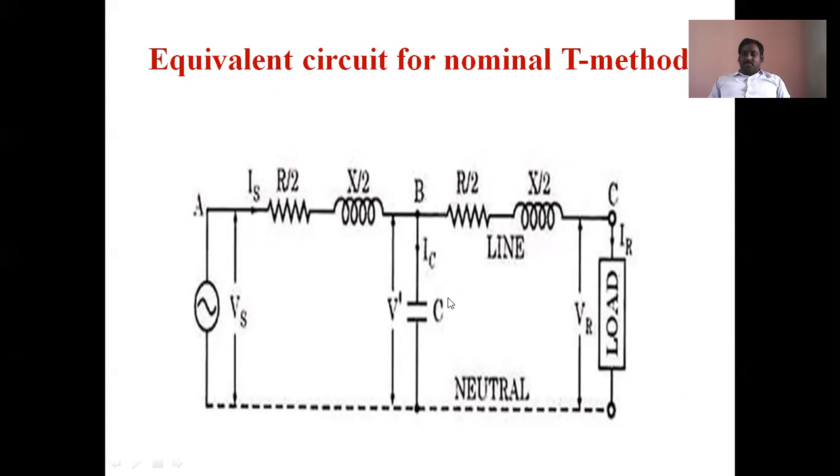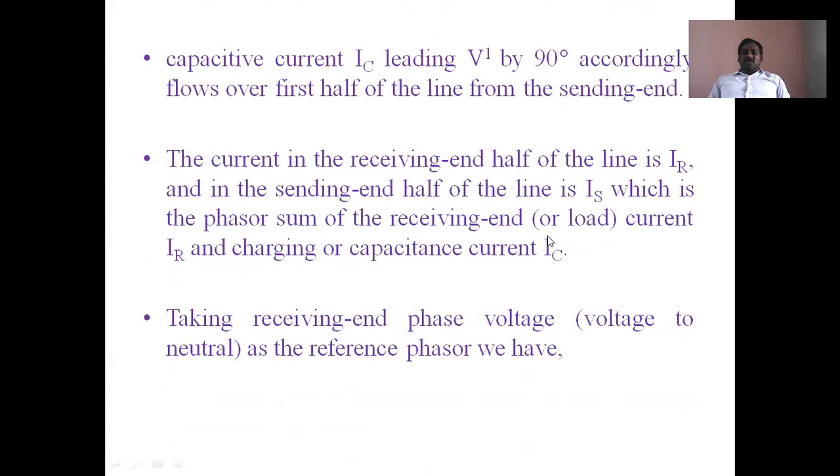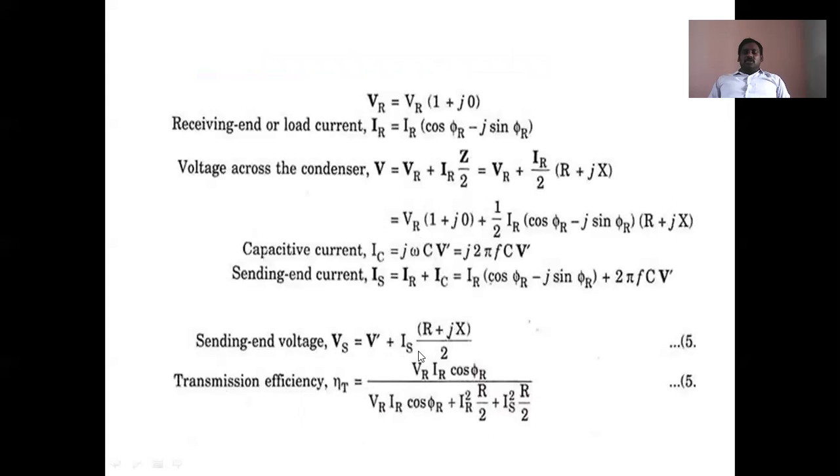These two are in series. That's why Vs is equal to Is into Z by 2 plus V dash, where V dash is VR plus IR into Z by 2. So anyway, Vs is equal to V dash plus Is into R plus Jx by 2.